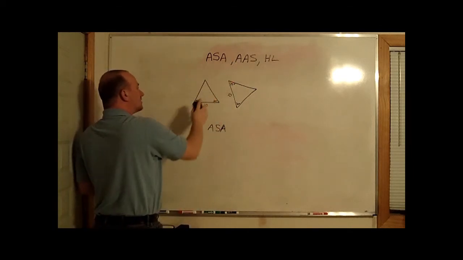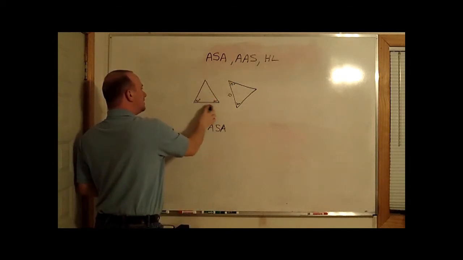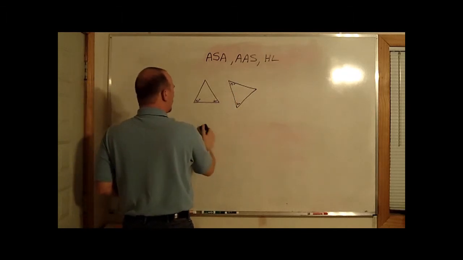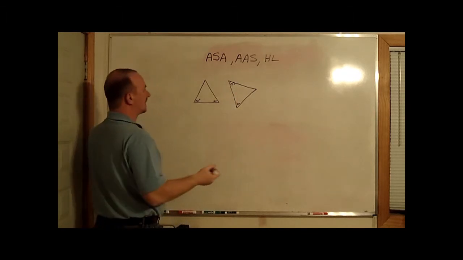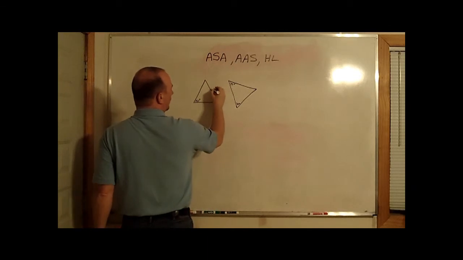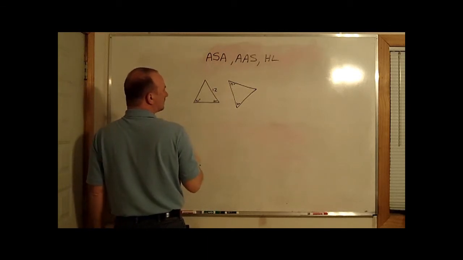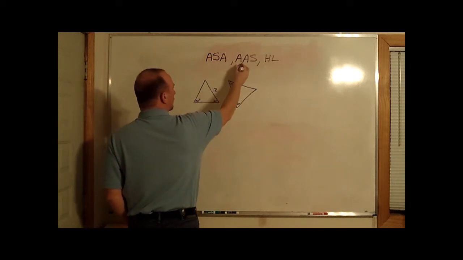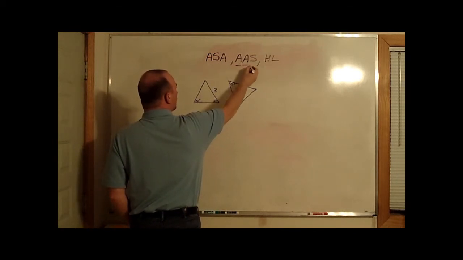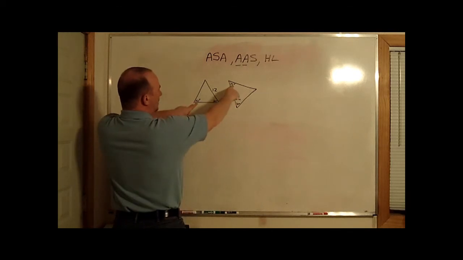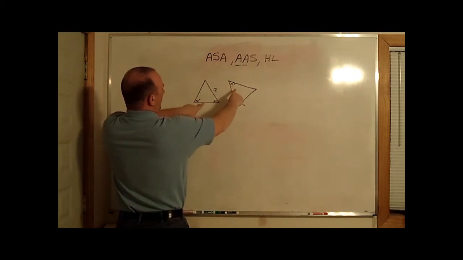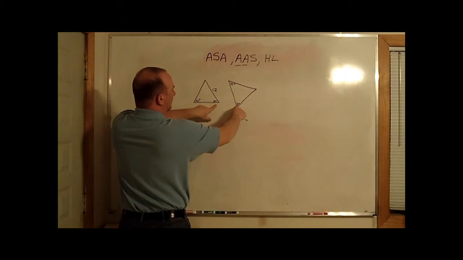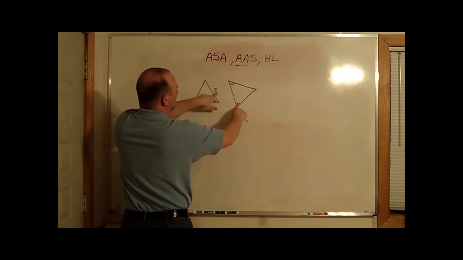Let's look at angle, angle, side. Let me use the same triangles, but do something a little bit differently. If I put the number, let's say 12 out here, the only way that these two triangles would be congruent to each other by angle, angle, side is if we have an angle, another angle next to it, and a side here.